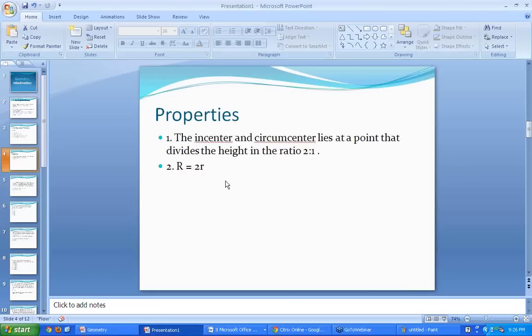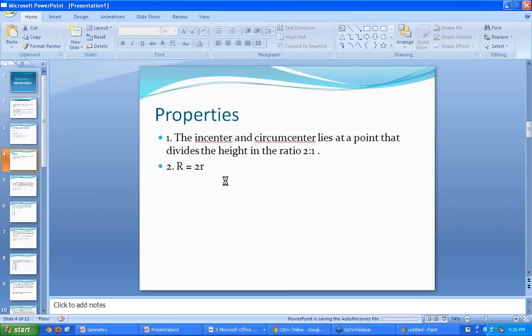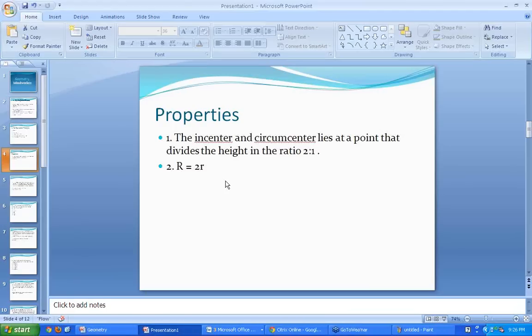If you fix a perimeter, say you have to form a triangle having a perimeter of 80 centimeters, the equilateral triangle will have the maximum area. That is understood? If you fix a perimeter and try to form triangles of various sizes, various dimensions, an equilateral triangle will have the maximum area.